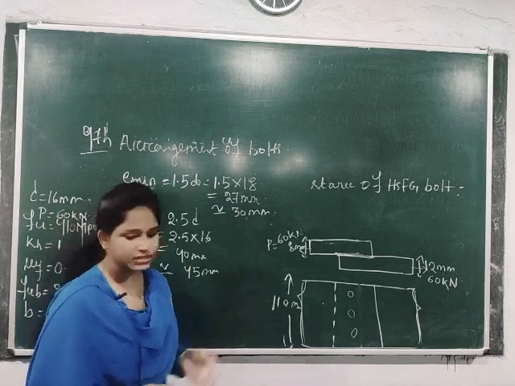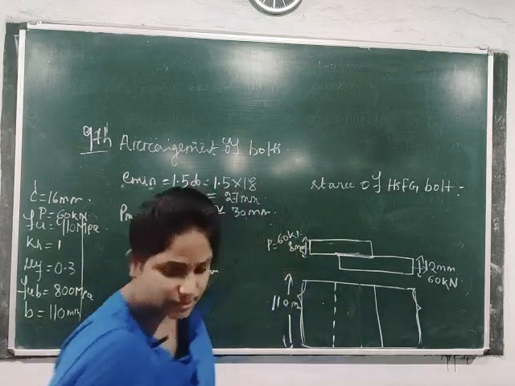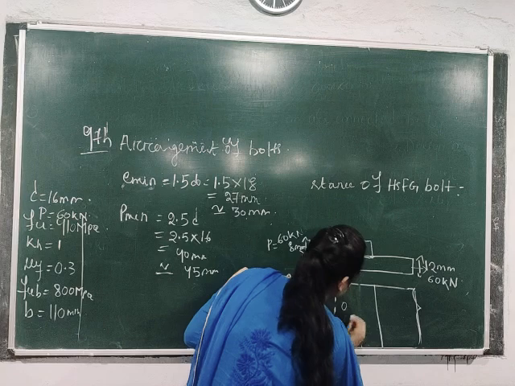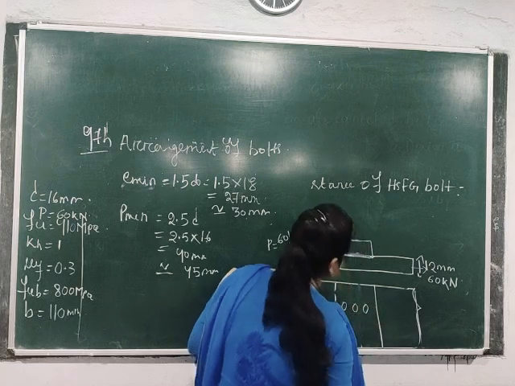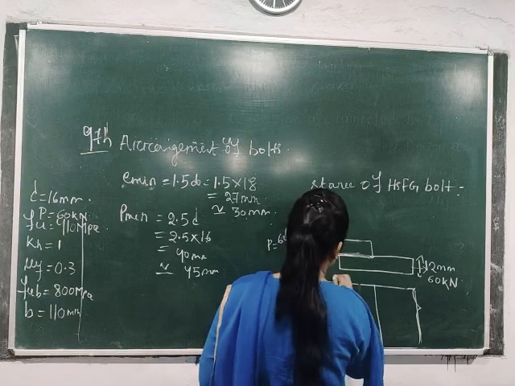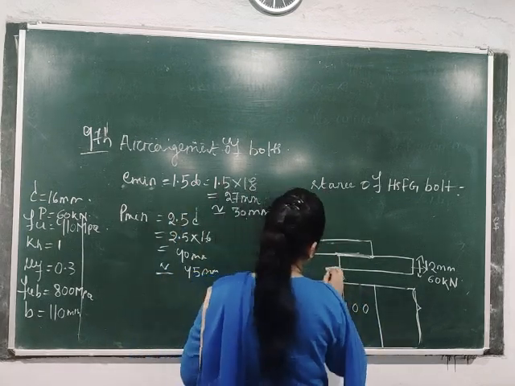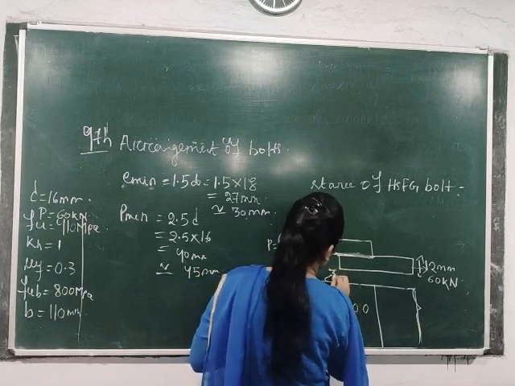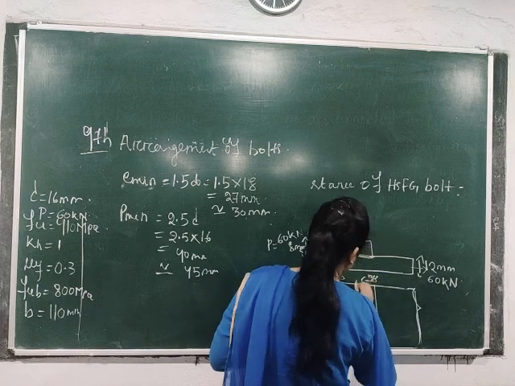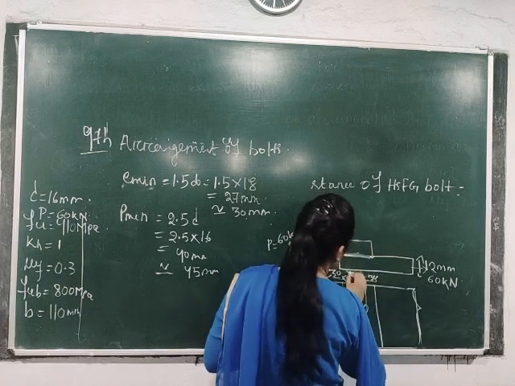As our width is restricted, we can arrange the bolts in one row. So here you can take the end distance or edge distance as 30 mm, and you can take the pitch distance as 45 mm.